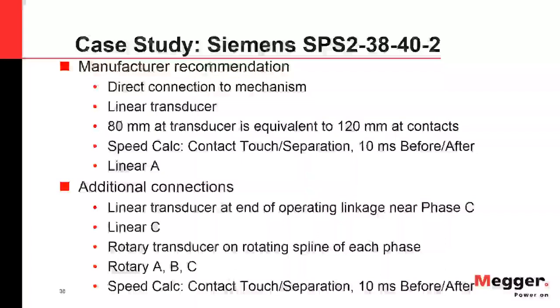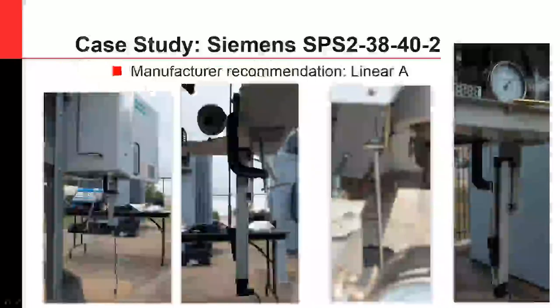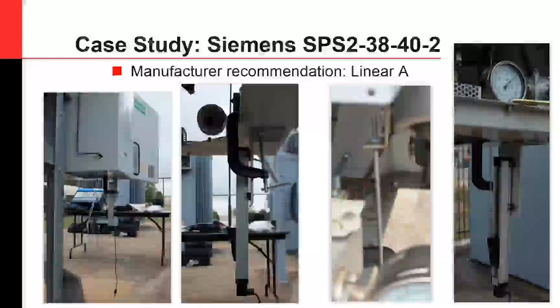And then additional to these two linear transducers, we hooked up three rotary transducers as well. We put these on each spline on each phase, and we're going to call it rotary A, rotary B, and rotary C for A, B, and C phase. And then we'll use the same speed calculation points for these as well.